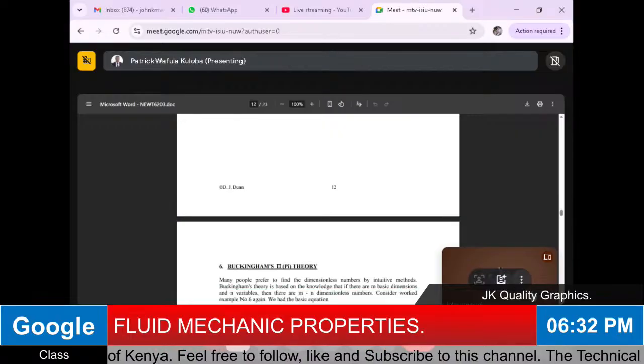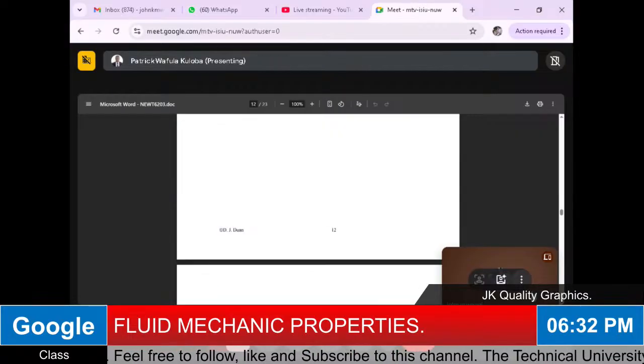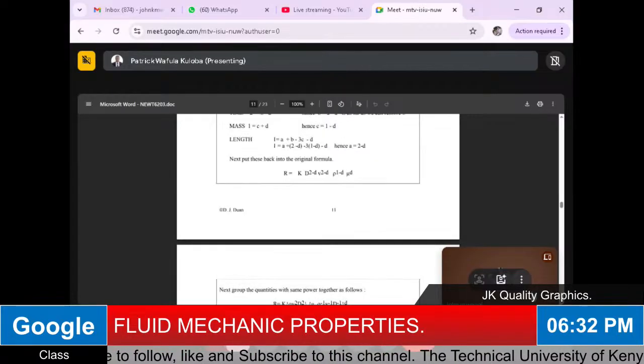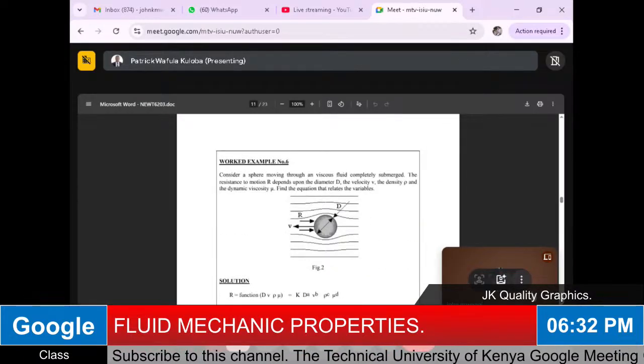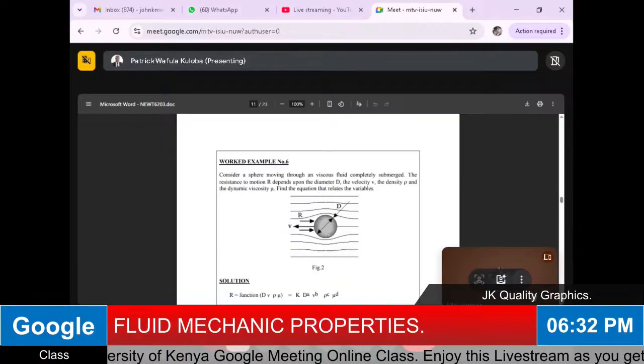You can do this example without looking at the way it has been done, following the above method. So the trick here is to express three indices in terms of the other. And then at the end you find that some of the quantities are raised to values and others are raised to d. So those two quantities are dimensionless numbers.